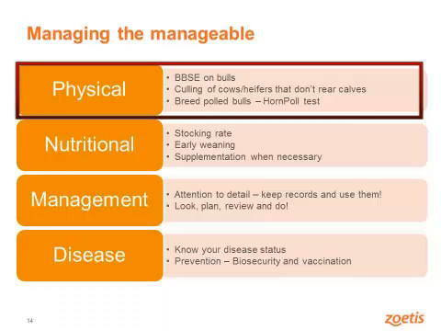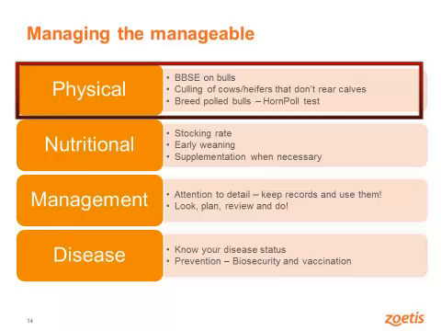Culling of cows or heifers that don't rear calves. Those cows or heifers may have problems that preclude them from being good mothers. So it's important to have appropriate culling strategies in place. Things like mastitis, bottle teats, and perpetual problems with poor mothering ability can all be removed using this procedure.